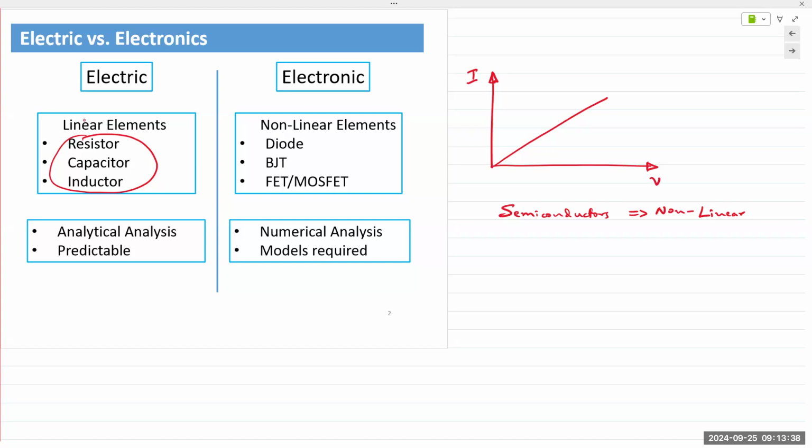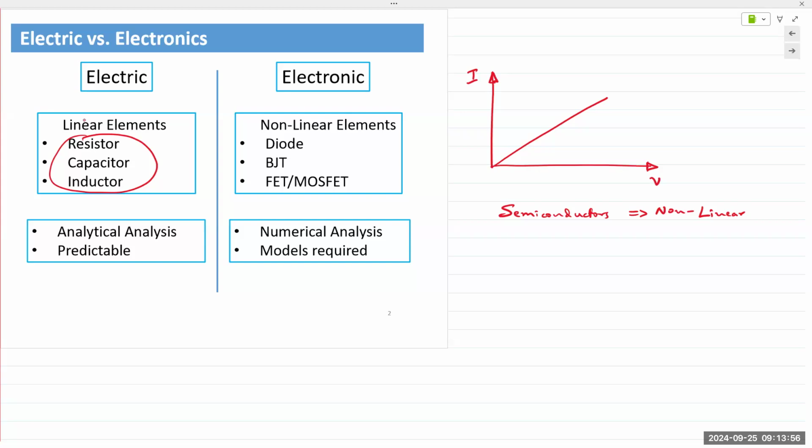Okay, especially when we talk about room temperature and normal conditions, Ohm's law is always valid. V equals IR, that describes the voltage and the current for a resistor. If you know 2 of the 3 quantities, you can calculate the third. So the analysis is analytical.